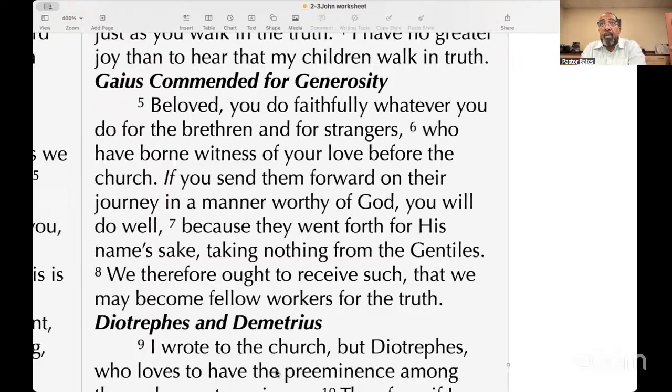God on the screen. Their journey in a manner worthy of God. And then I'll add that his name, verse 7. Verse 11, twice.